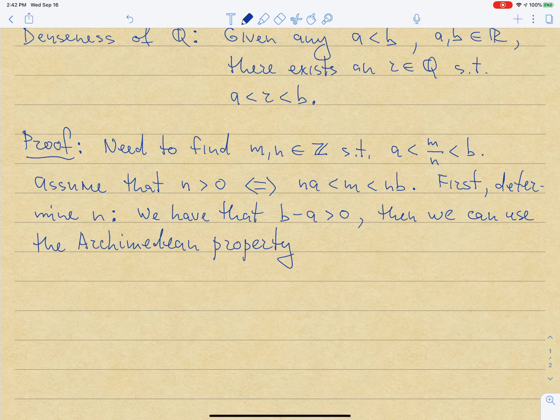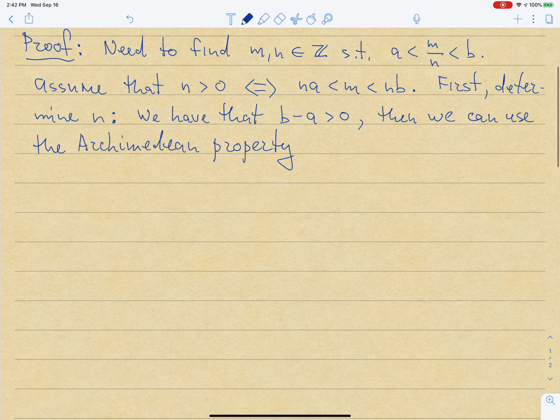Well, let's actually recall first what this is. The Archimedean property said that if I have c greater than 0 and d greater than 0, then there exists n, a natural number, such that n times c is going to be greater than d, right?